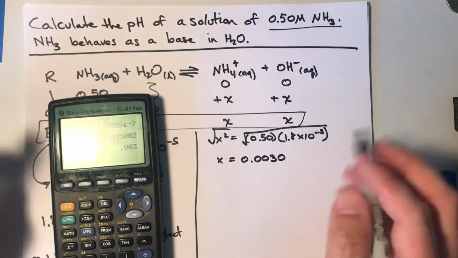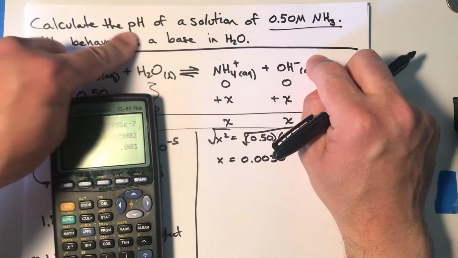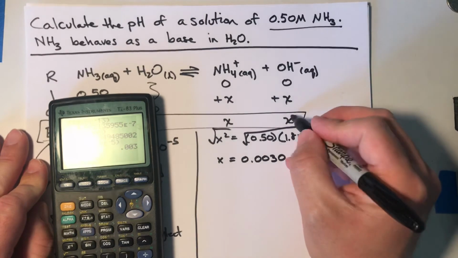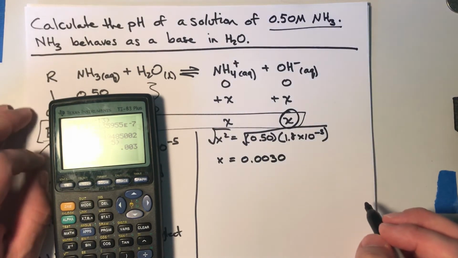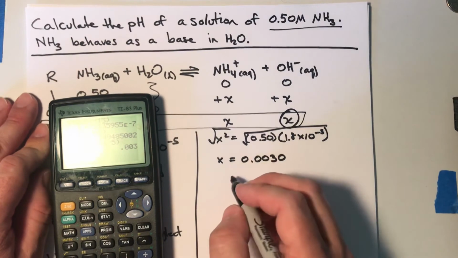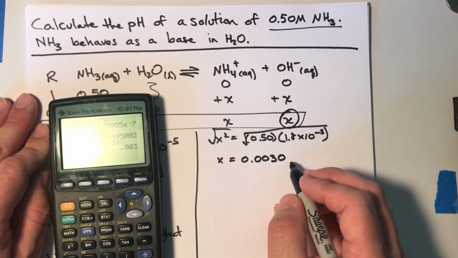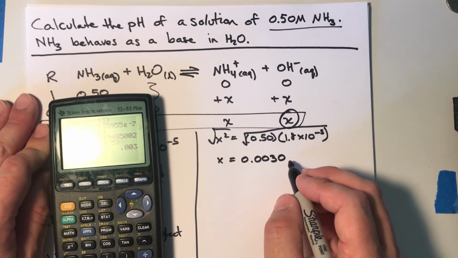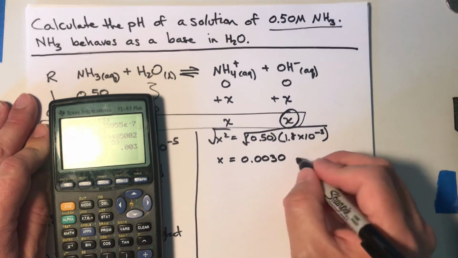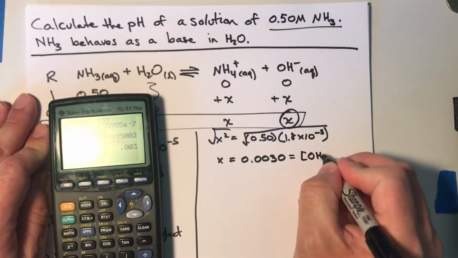Now, the problem asked us originally to calculate the pH. The x value here is our hydroxide concentration at equilibrium. So we're going to have to either change this to hydrogen ion, then pH, or we can do pOH to pH. I'm going to do what I think is the easier one and do the pOH.